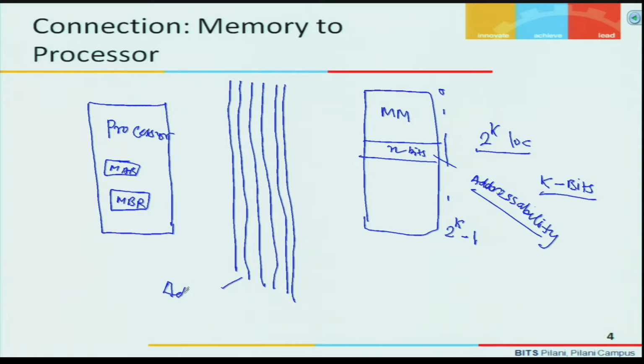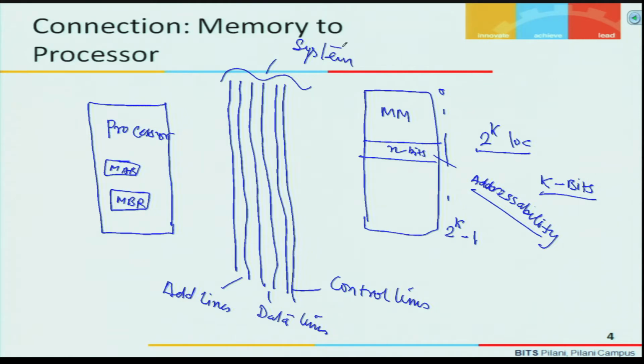One is address lines, the second is data lines, and the third is control lines. So, the wires are grouped into three and combinedly it is known as the system bus.